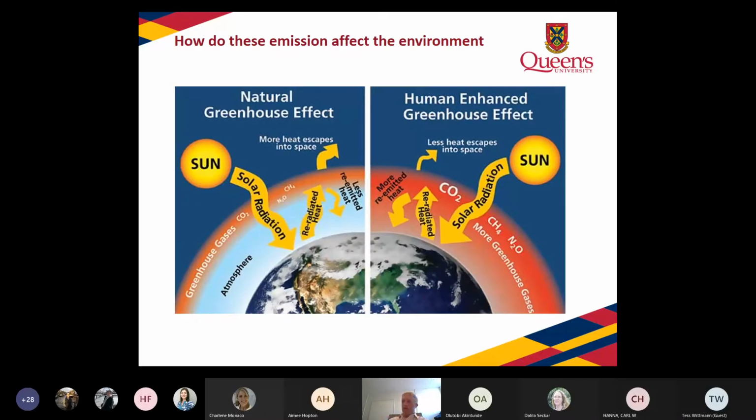And so the more CO2, methane, nitrous oxide, and fluorocarbons that are emitted, the thicker and harder it is for that heat to be released from the atmosphere. So that's the link between the emissions that are released and how that impacts the temperatures of the Earth.